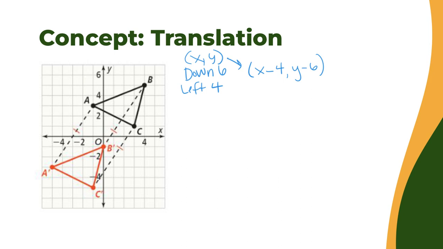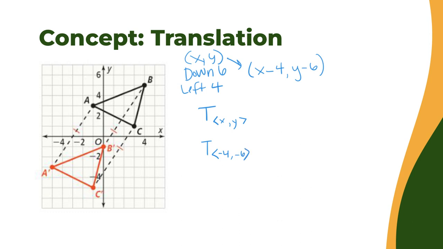So that's one way. The way that your textbook likes to use the notation is they use capital T and then little subscript brackets. We're going to put the horizontal shift as x and the vertical shift as y. So if I were writing this example, I would write the transformation as T of (-4, -6).